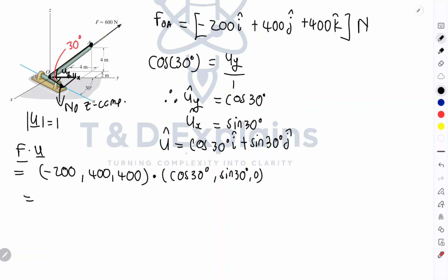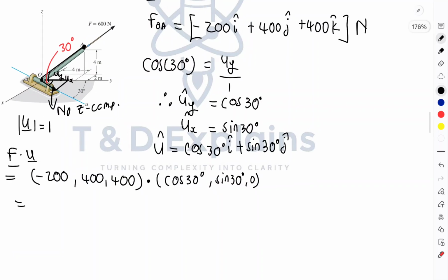So it's going to be negative 200 times cos 30. Actually, no, I mixed these things up. Recall that ux is going to be sine 30 degrees, excuse me for that. And then what about the uy? It's going to be cos of 30 degrees.